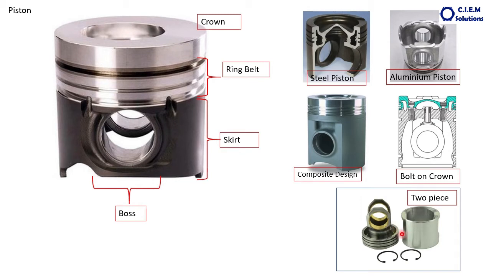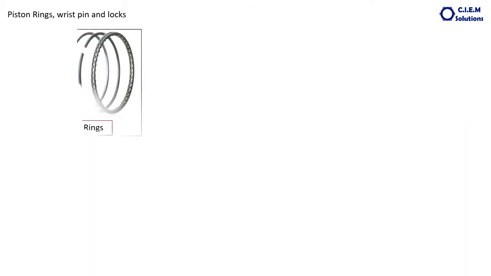So this comes and accommodates here. This is the two-piece piston. Nowadays all the higher capacity engines use the two-piece piston. It gives a lot of strength to accommodate the piston rings as well as the gudgeon pin.